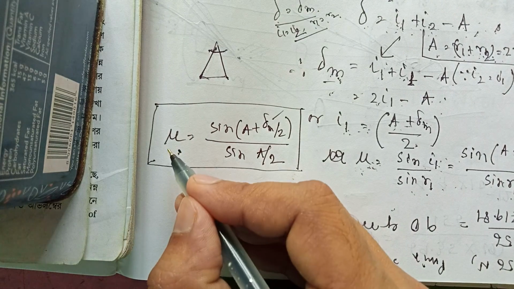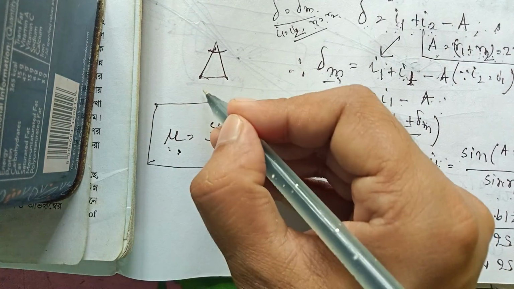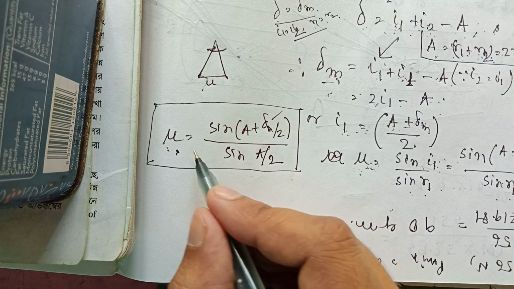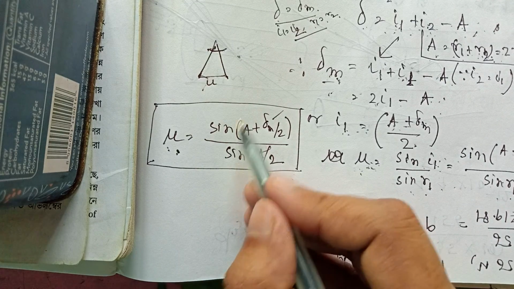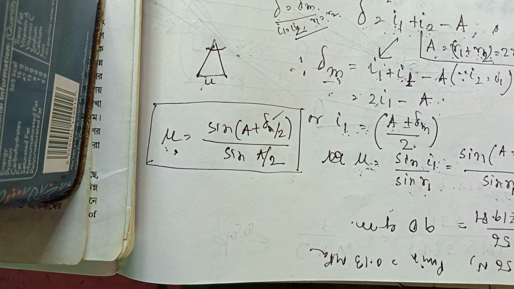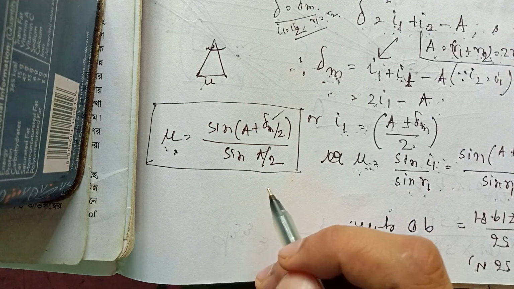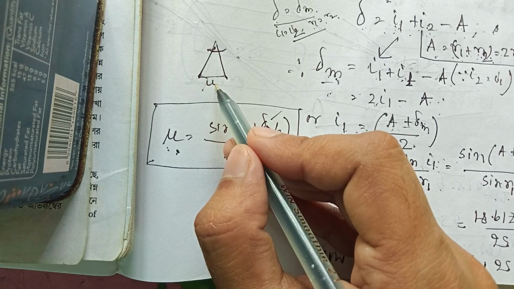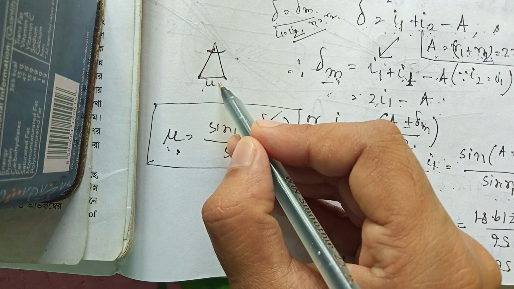So the refractive index of a prism can be found out easily from this relation, sin of A plus delta M by 2, by sin A by 2. This is a very important relation to find out the unknown refractive index value of a prism, right?